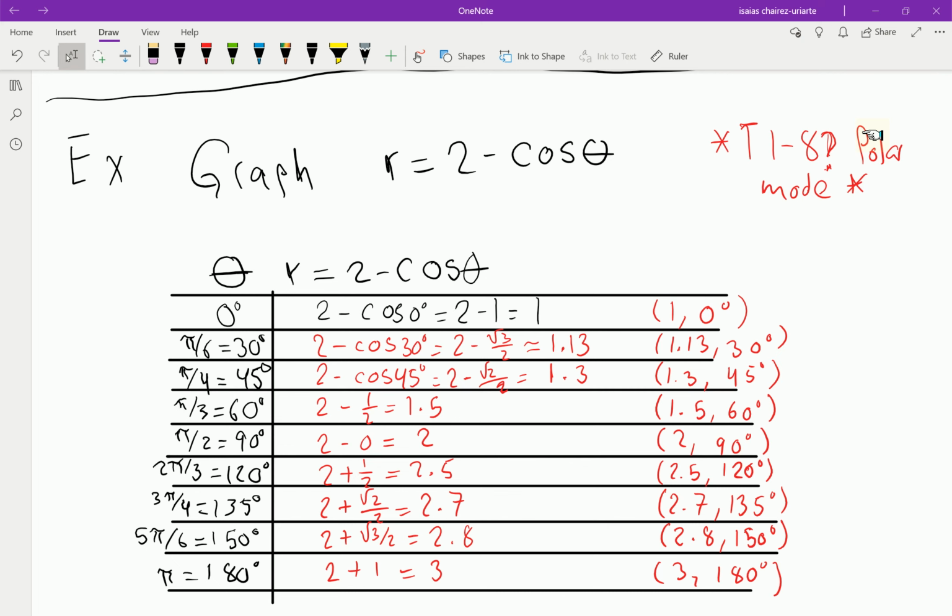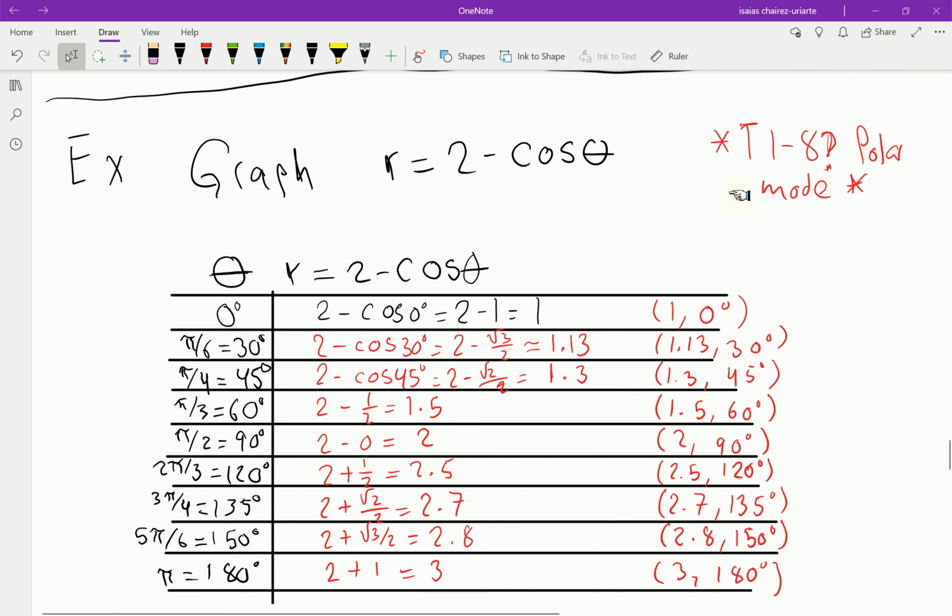And so if you were to change your calculator from function to polar, and then you go to your graphing utility, how you graph things in your calculator, you should see that now it says r of theta instead of y equals.